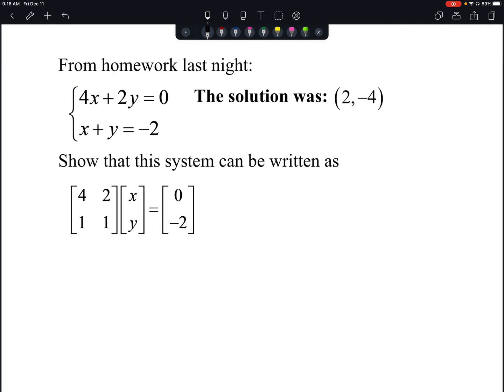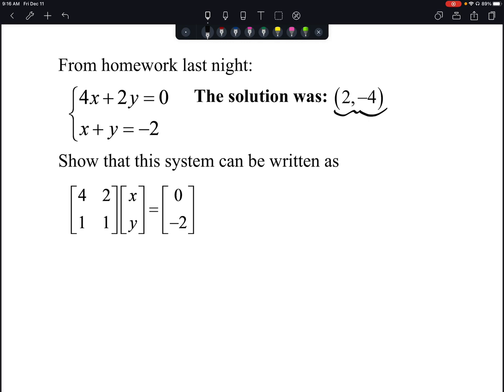Let's move on. From our homework last night, hopefully you figured out how to solve this system of equations. It says that the solution here was 2, -4. We can actually solve systems of equations, 2 by 2, 3 by 3, whatever by whatever, using matrices.